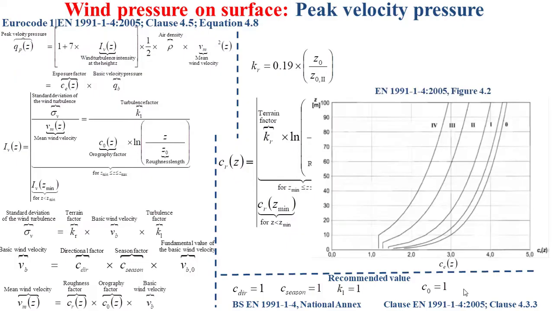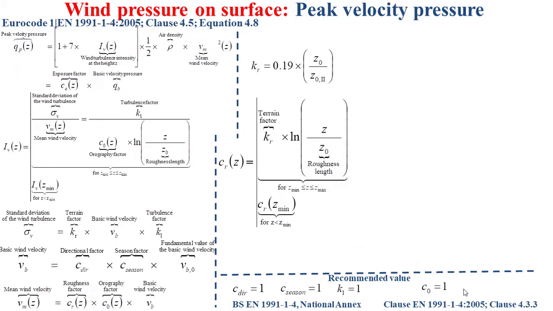The exposure factor is determined based on the chart that you see now in this slide, depending on the height Z and the terrain category, and the basic velocity pressure qb is expressed as 1/2 the air density multiplied by the square of the basic wind velocity.